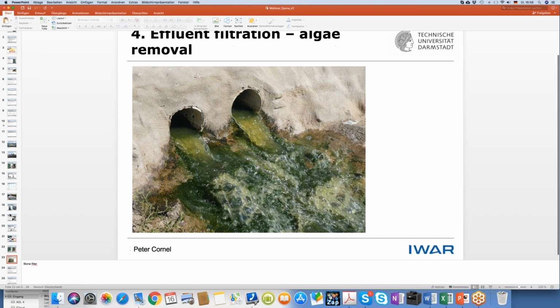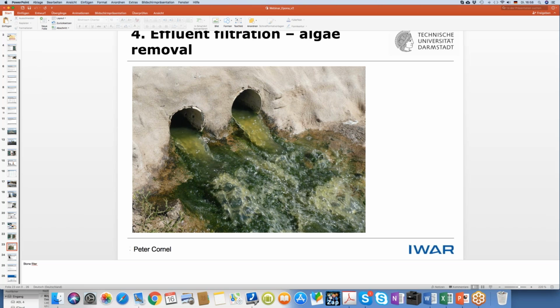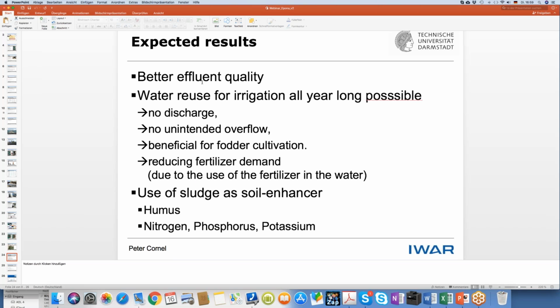So let's come to the end. Just the results. I mean, just last month, both the micro screen and the UASB have been started, so we cannot talk about results, but we expect better effluent quality, water reuse for irrigation all year long, no unintended overflow.